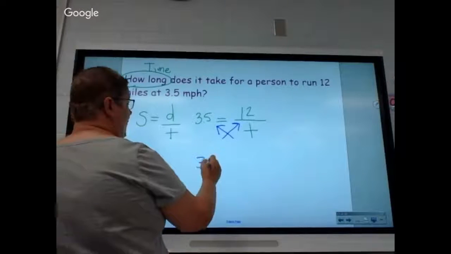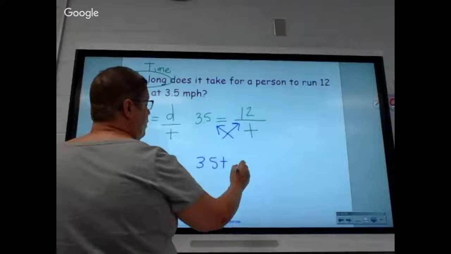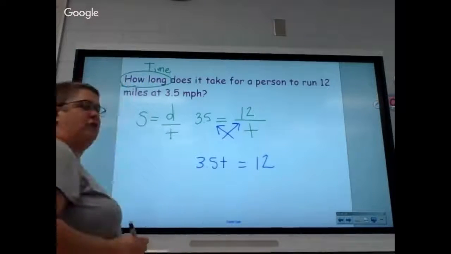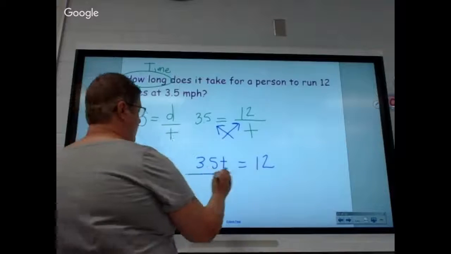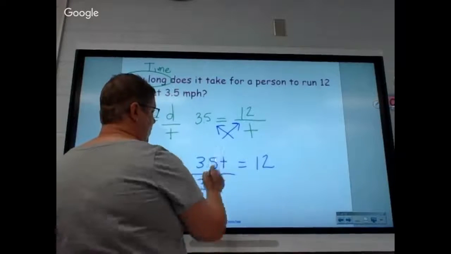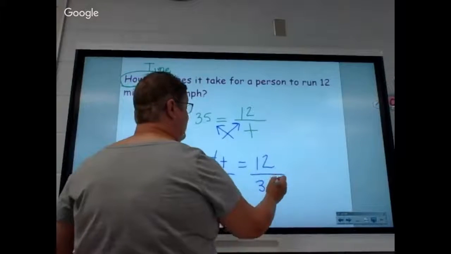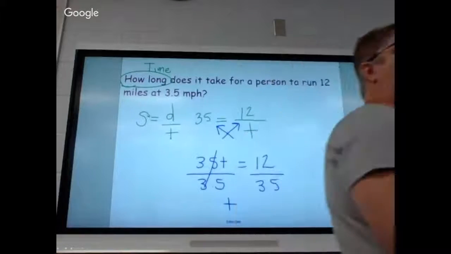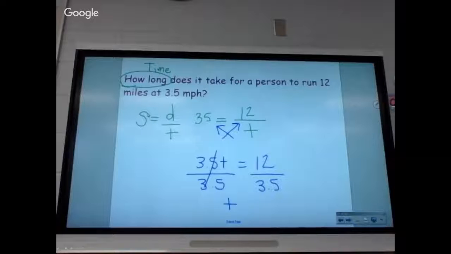So you get 3.5t equals 1 times 12 is? How do you solve for t? Exactly. And once you've got a handle on that, all you have to be able to do is figure out where the data goes in the problem, because the math all works the same way.